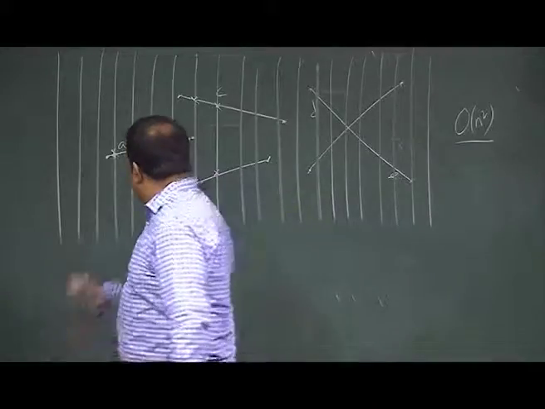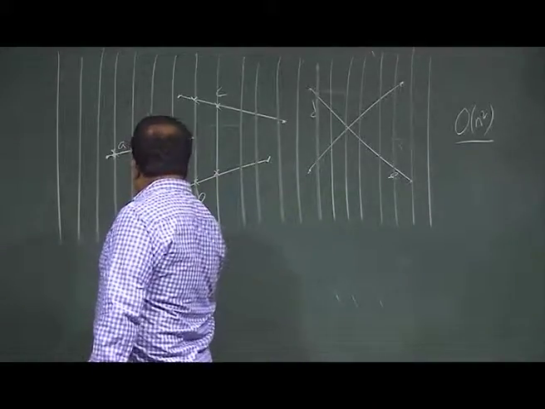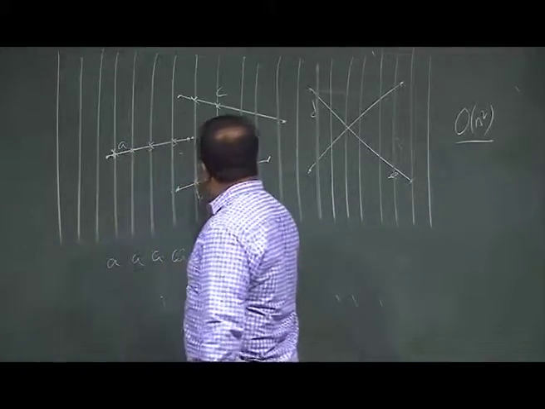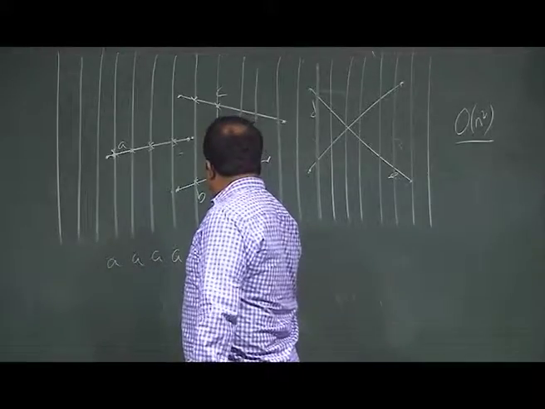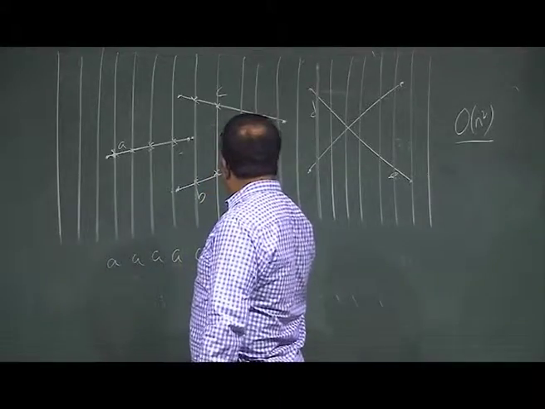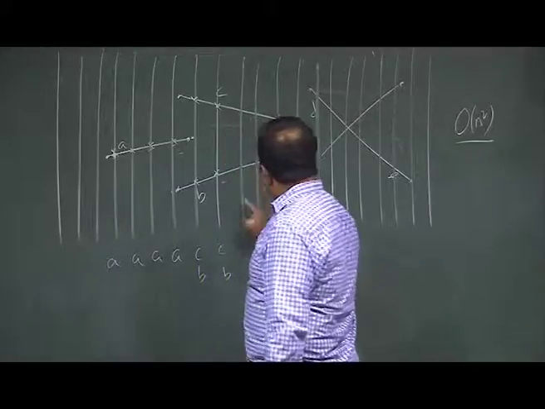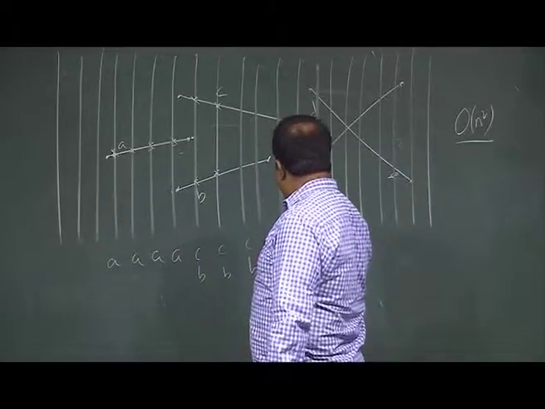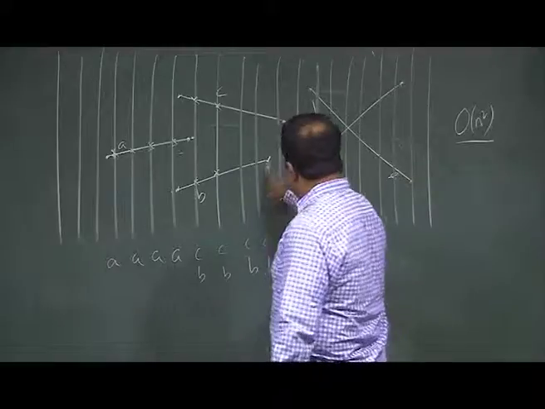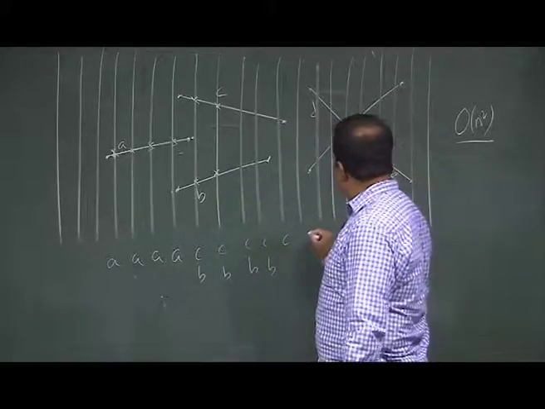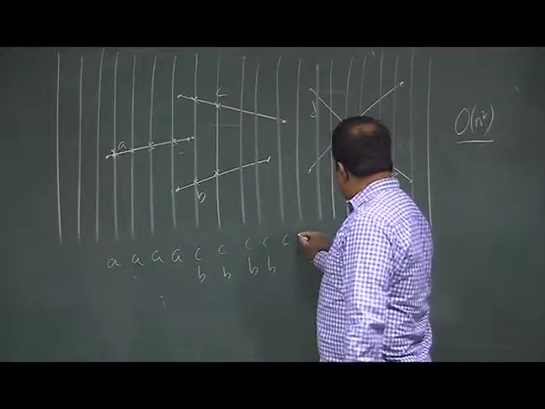So this is basically A, which is finished. So this is CB, this is also CB, this is also CB. Now B is finished, this is only C, nobody else is there.